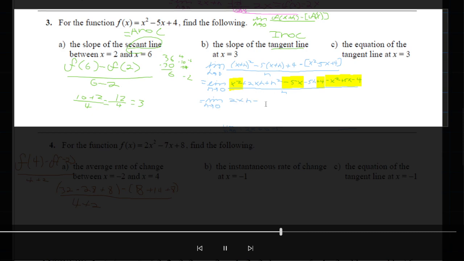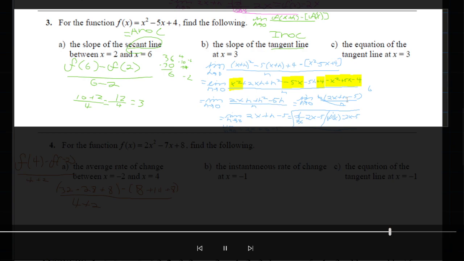And after this, I'm going to be factoring out the h's so I can divide h over h so it can be equal to 1 here. So we don't have a denominator of h, which makes this indeterminate or does not exist as a limit.